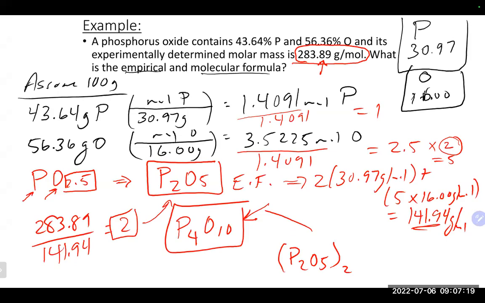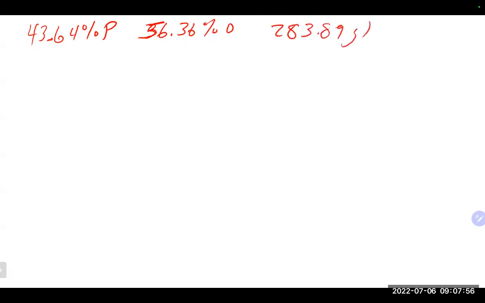So we had the same problem where, again, we had 43.64% phosphorus and 56.36% oxygen, and the molar mass was 283.89 grams per mole.